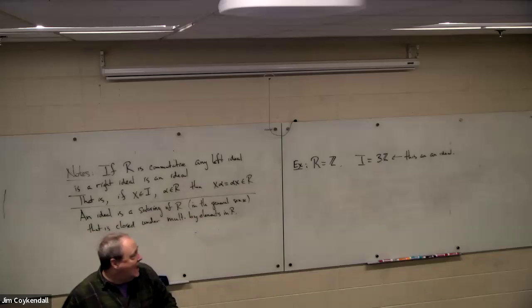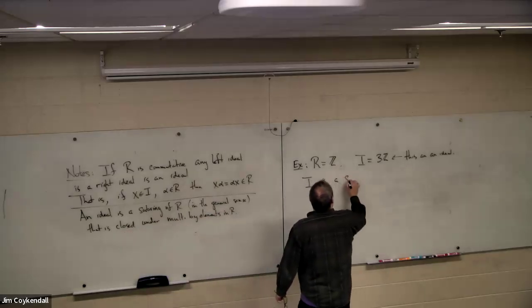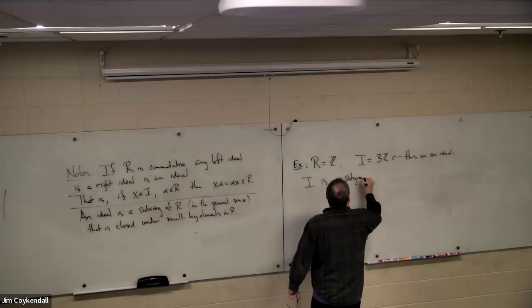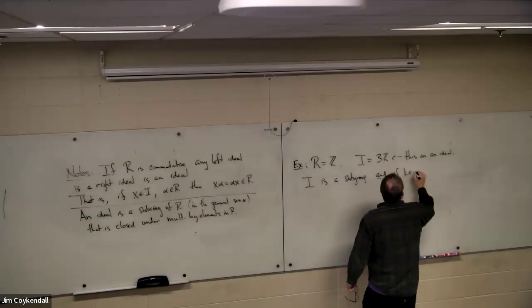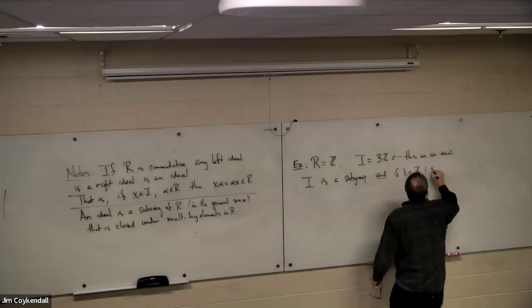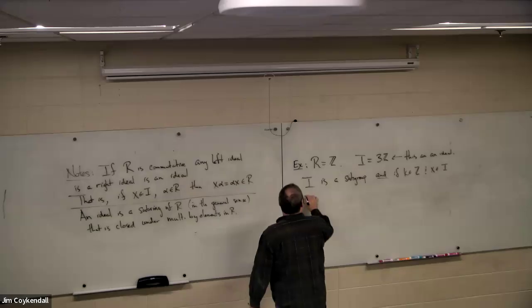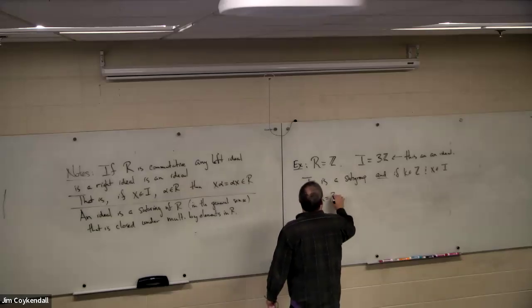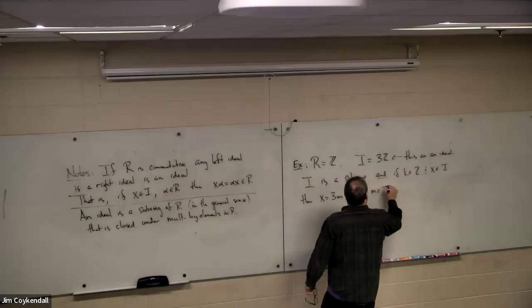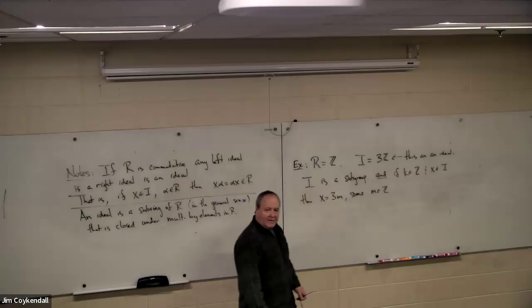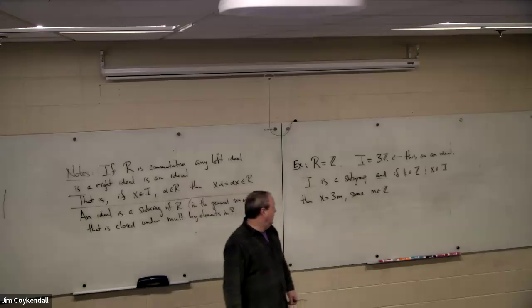But more than that, if k is in Z and x is in I, then x is 3m. The definition of living in I is that x has to be a multiple of 3.